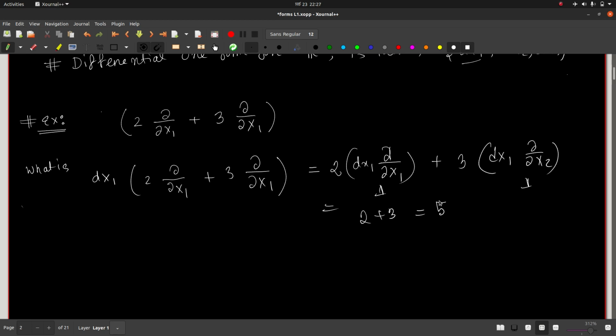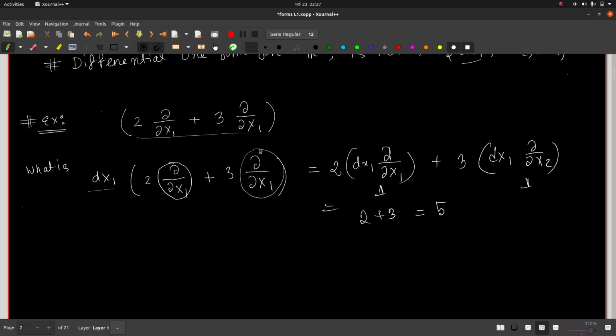And if you look closely, you will understand that these differential one forms are just measuring the projections of these vectors on the cotangent space axes. That's one way to think of it. Or you can also say in another way that these differential forms are giving you the projection along the axes of this tangent space.